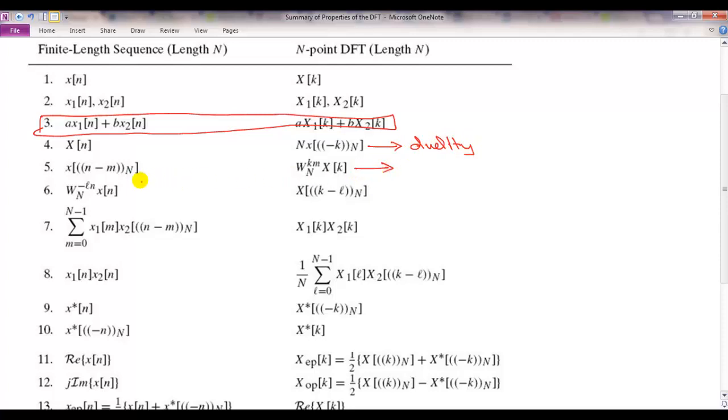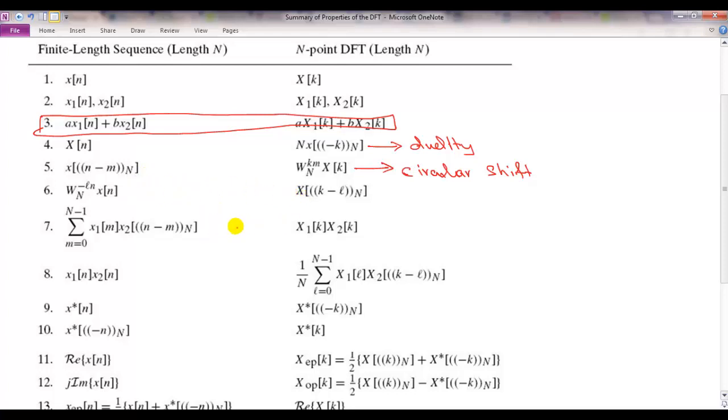Whereas in the discrete time Fourier transform, if you multiply with a phase shift in the frequencies, you get a linear shift in time, this is a circular shift in time. So if you multiply your DFT sequence by this phase, that is equivalent to doing a circular shift of your sequence. And by the duality property, you then have a corresponding version here.